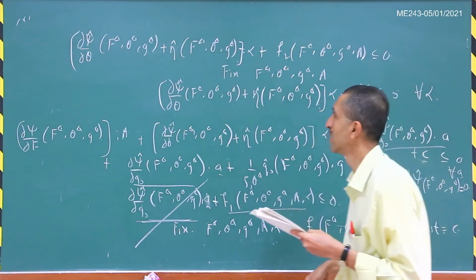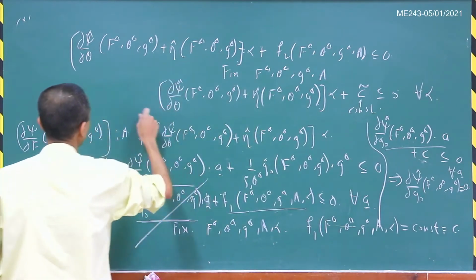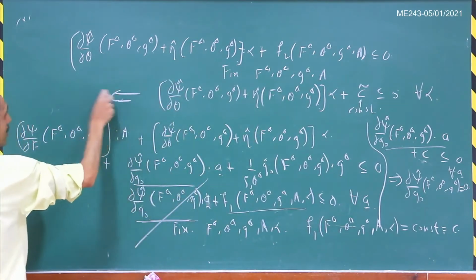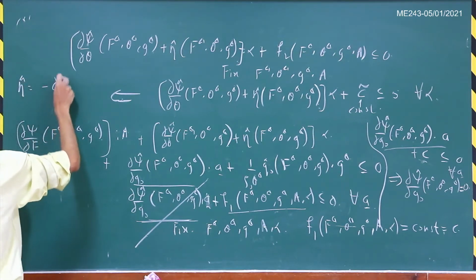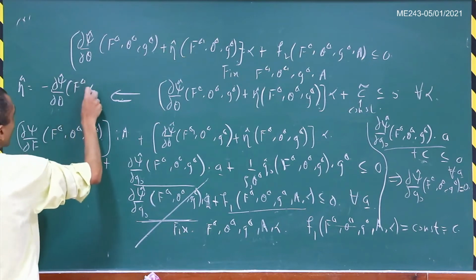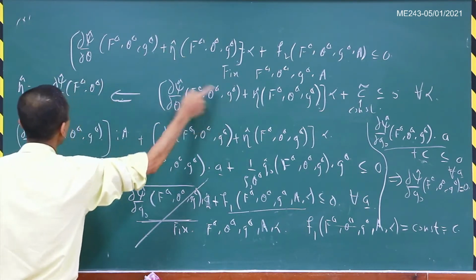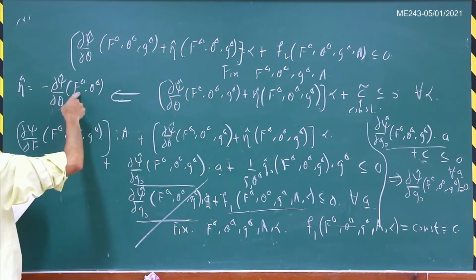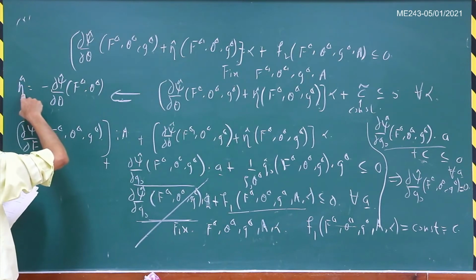Okay, so from this you will now get that eta hat is equal to minus del psi by del theta evaluated at f theta, because we have already shown that it cannot depend on G diamond, and so even this derivative will be independent of G diamond. So the entropy function will also be independent of the temperature gradient.